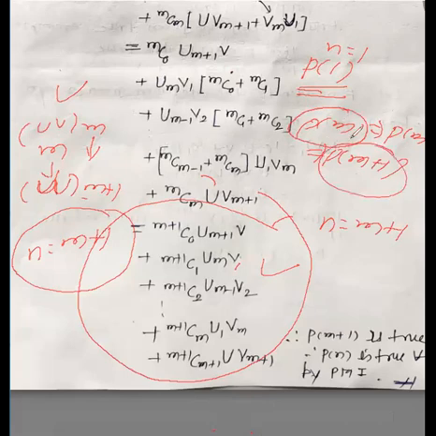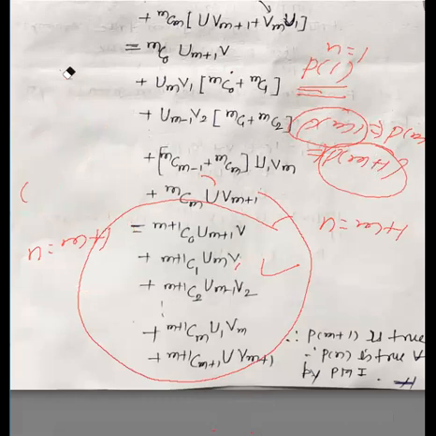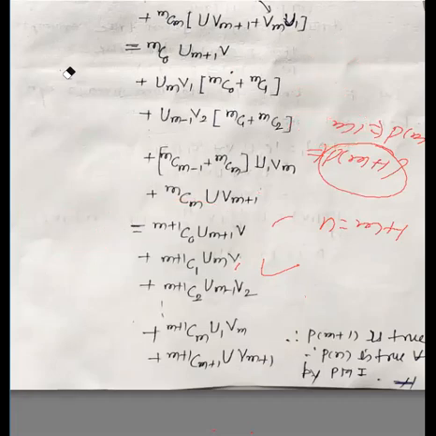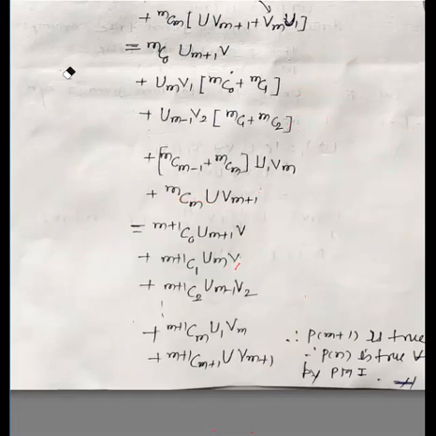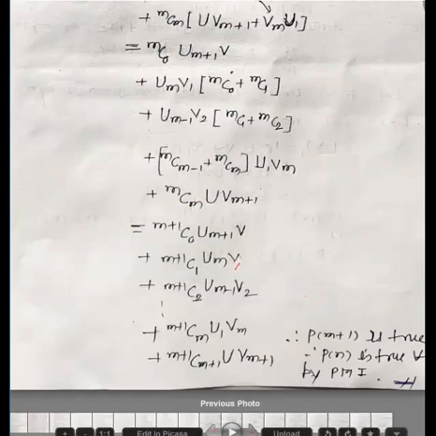We say that P of m implies P of m plus 1. These are the two steps in mathematical induction. And when both are satisfied, the Leibniz theorem is true for all n. So this is the proof. So first step P of 1 is true, and second step P of m implies P of m plus 1. So the statement is true for all n.